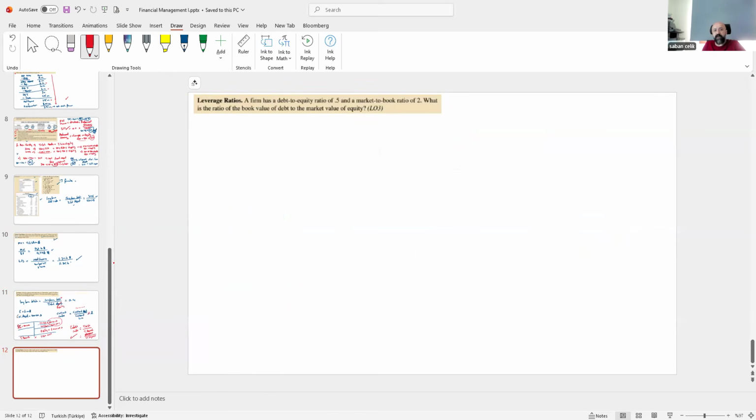A firm has a debt to equity of 0.5, and market to book value is 2. So what is the ratio of the book value of debt to the market value of equity? Okay, let's plug in some figures here. This is debt to equity, and equity here should be considered, remember, as book value.